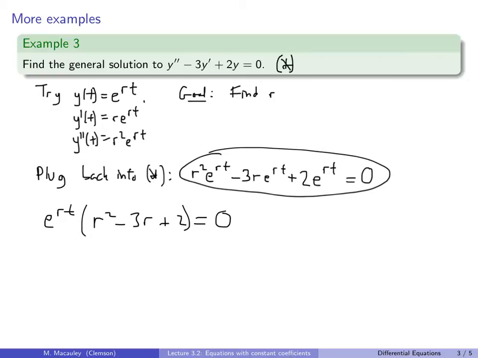So since this non-zero function times this number is 0, we can just divide through by this function and look for when this is 0. So we factor this and we get, how does this factor as? r minus 1 times r minus 2 equals 0, which means that r equals 1 or 2.